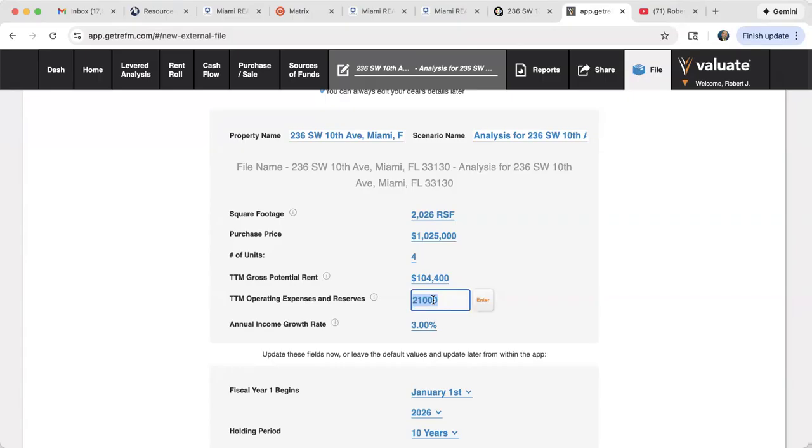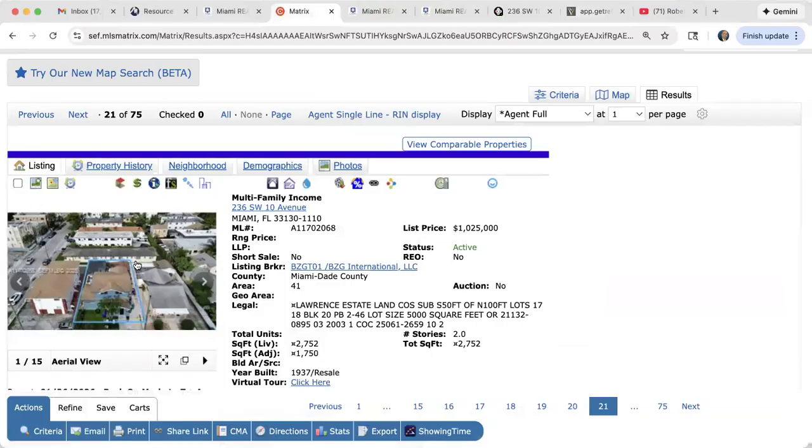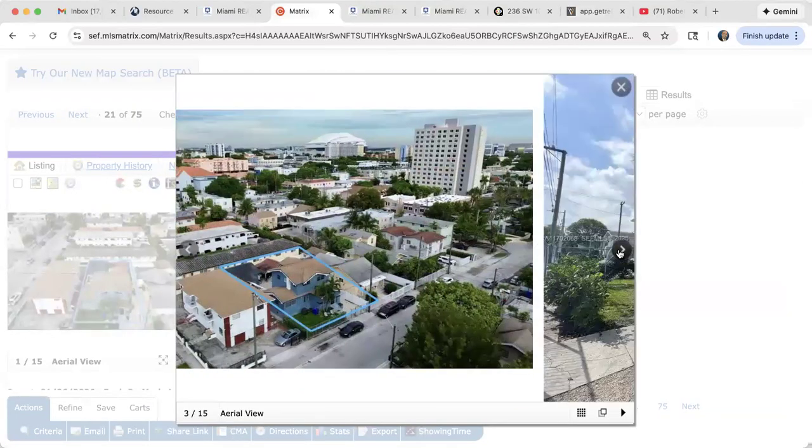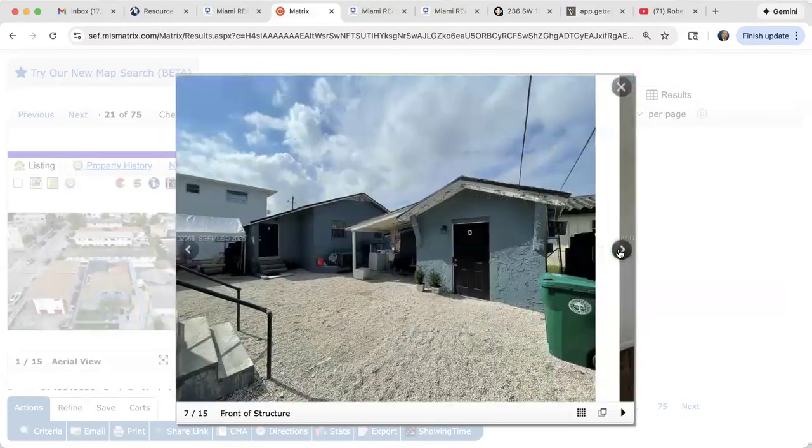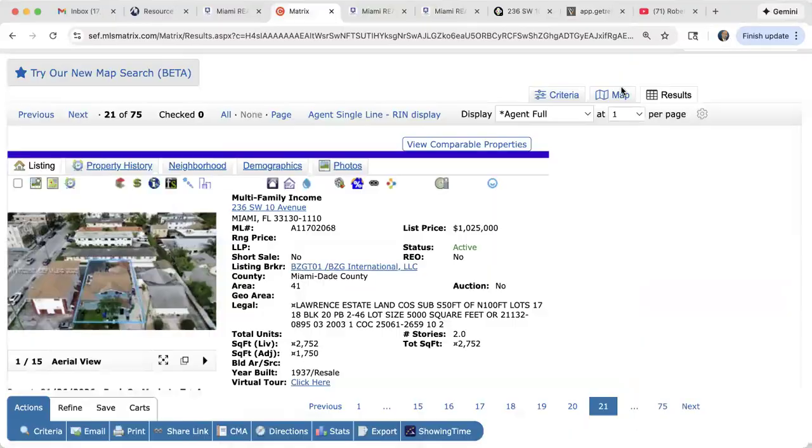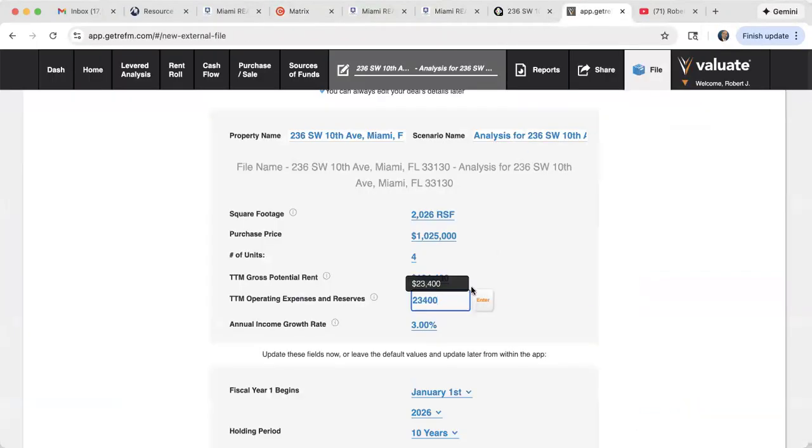Let's go with $200 a month times 12. We're looking at $2,400. So let's bring our expenses up to $23,400. We may need a maintenance guy to come over here and provide some maintenance on the property. Let's just say that we pay a maintenance guy $1,000 a month to maintain the property. So let's bring our expenses up to $24,500.